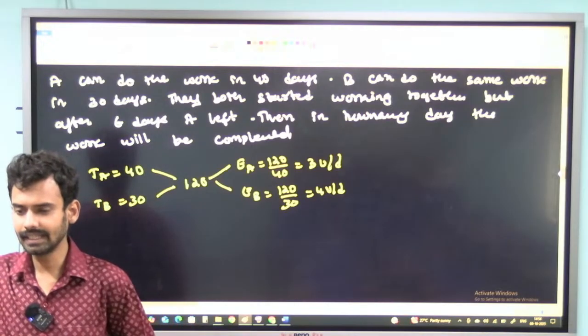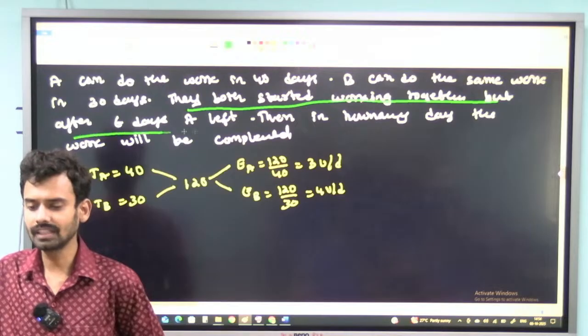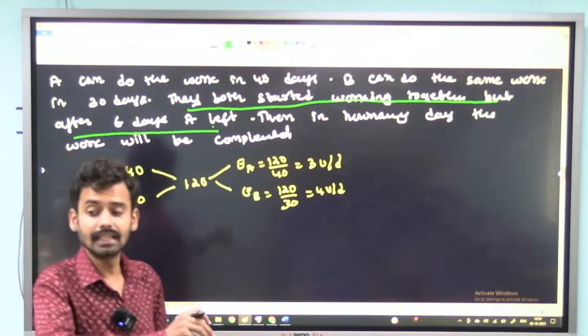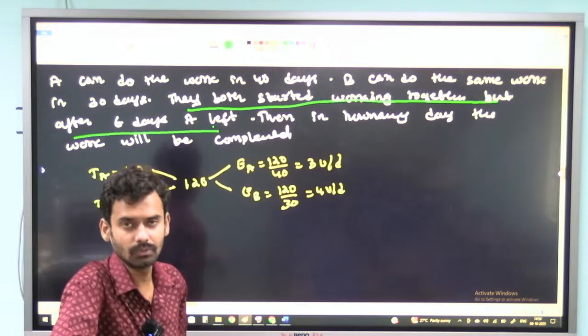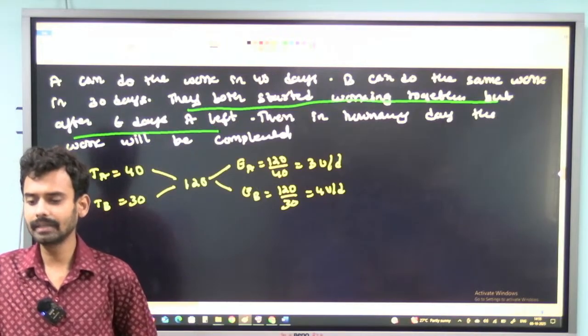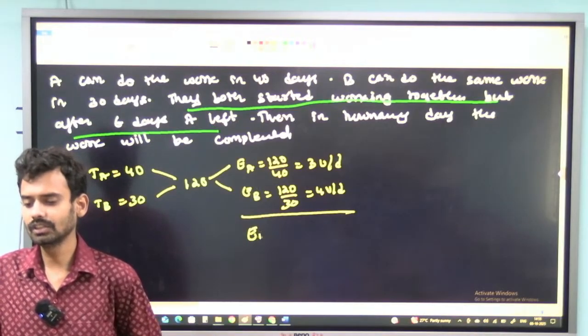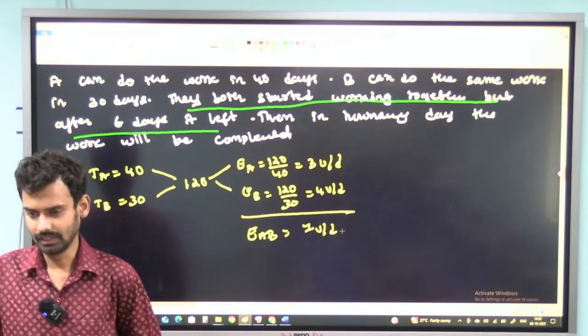Now the question is saying they both started working together and A left after 6 days. Does that mean till 6 days both A and B have worked together? Let me see what is the work that is completed by A and B together in the first 6 days. So what is the total efficiency of A and B together? Efficiency of A and B together is 3 plus 4, that is 7 units per day.